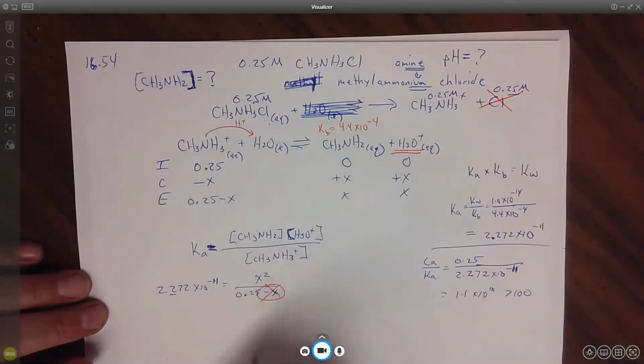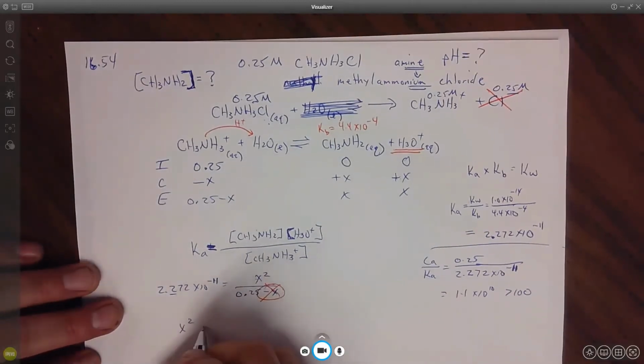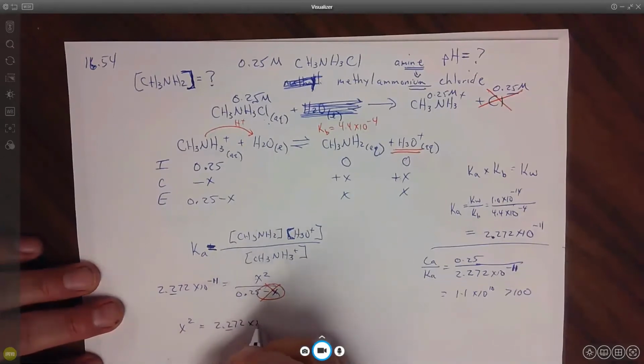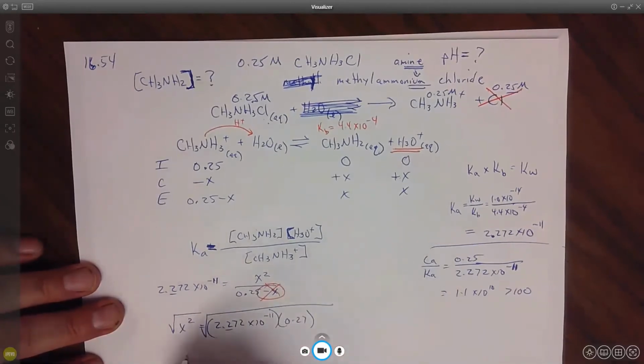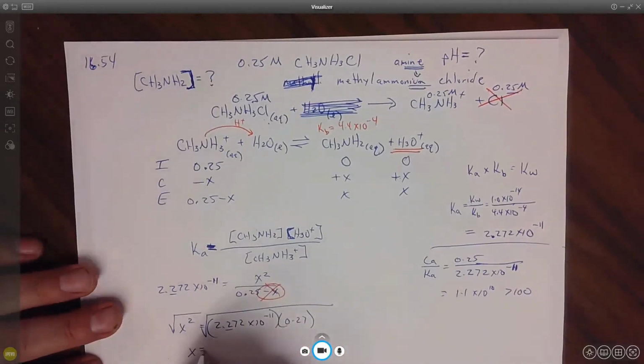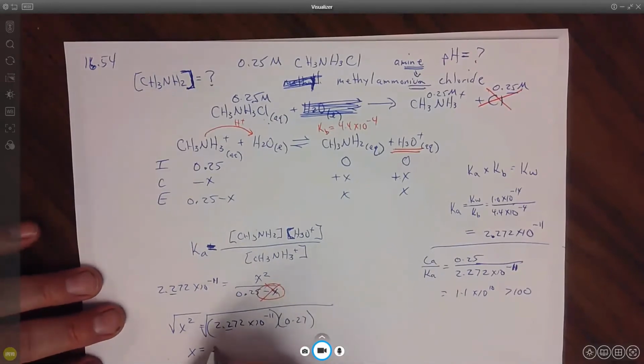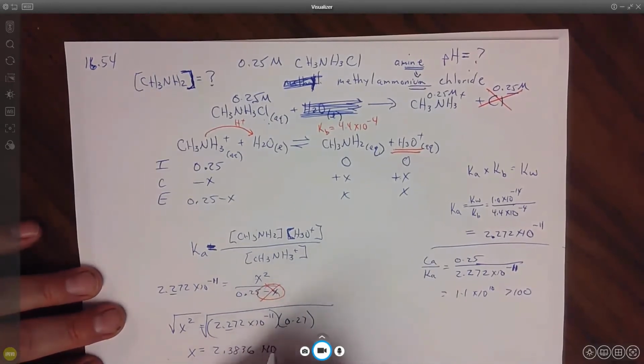So now we have X squared is equal to 2.27 times 10 to the negative 11 multiplied by 0.25. We'll then take the square root of both sides to get rid of the X squared part. So X is just going to be 2.3836 times 10 to the negative 6.